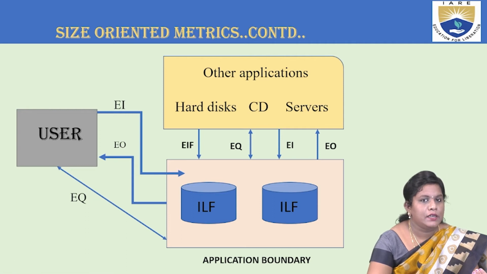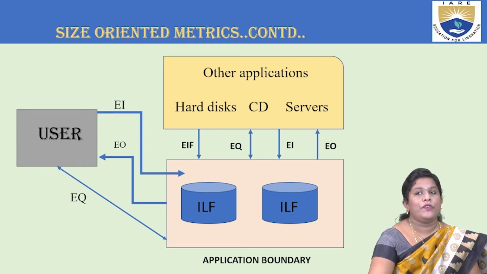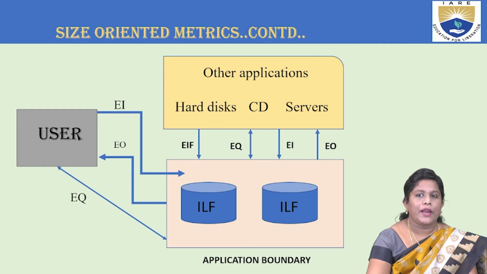EIF is external, so from the other application it is linked up to the internal logical files of the existing application. Then you have EQ, which acts as both input and output, so there is a bidirectional flow. EI is only inward, so it is moving towards the application. EO, the external output, is moving outward to the other applications.